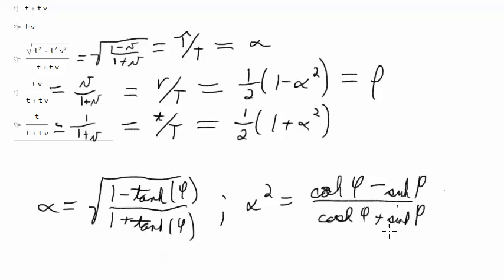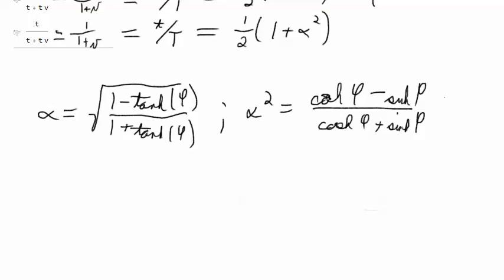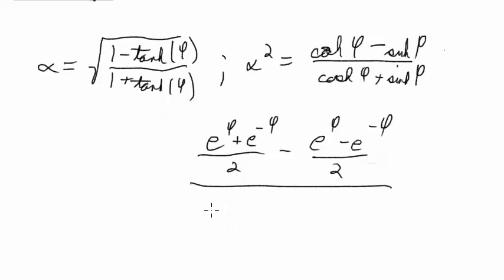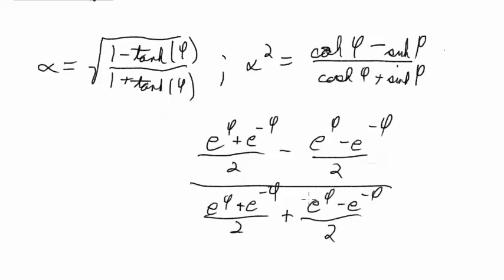It would be really neat if I could find a way to express this. What is cosh? Cosh is e to the phi plus e to the negative phi over 2, minus e to the phi minus e to the negative phi over 2, divided by e to the phi plus e to the negative phi over 2. All that stuff there. I could cancel out the 2's.